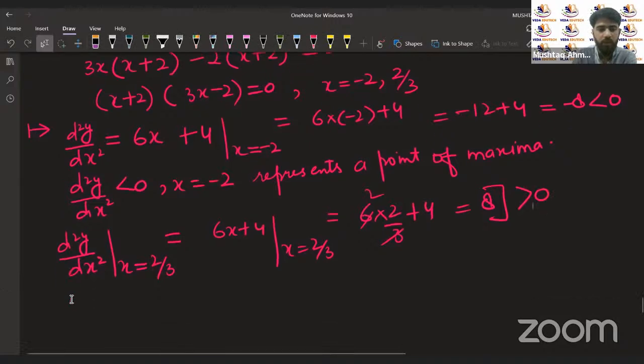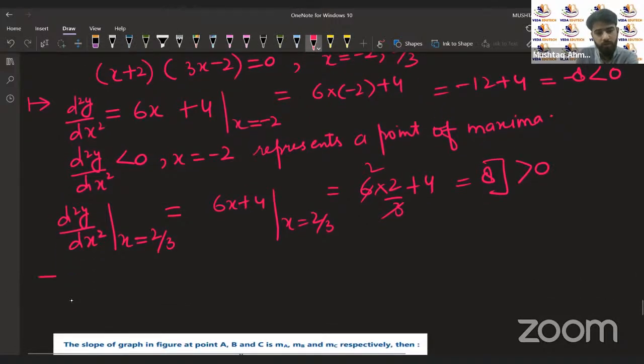So our point x equal to 2 by 3 will represent a point of minima.